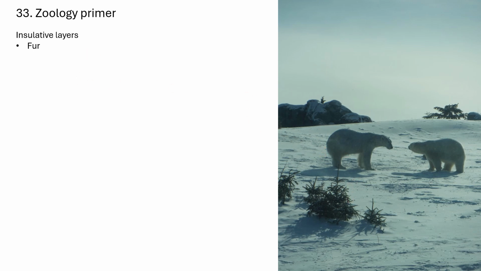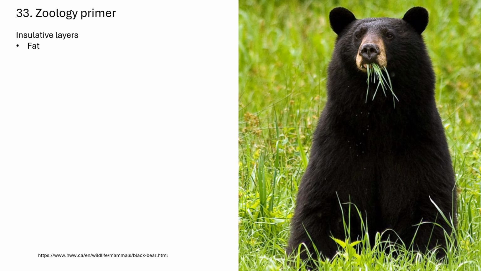What we do have in the boreal shield ecozone are black bears, and they have fur. And the polar bears also have fat as well, but I have this slide in here for fat. This picture of this black bear was probably taken in the springtime based on what it is eating.